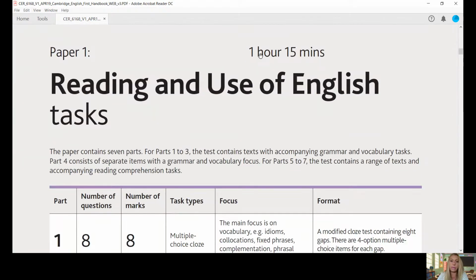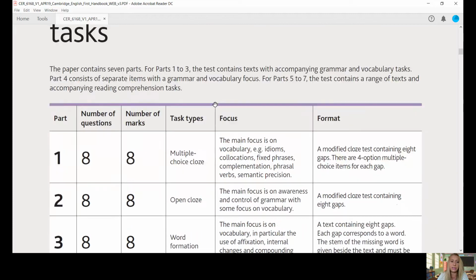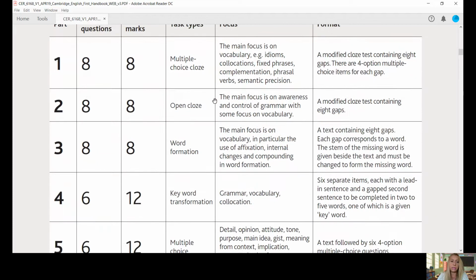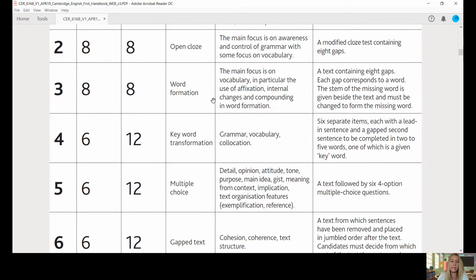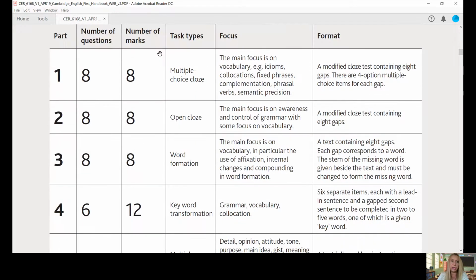Now, let's look at this. 1 hour, 15 minutes. Remember what I said, timing is very, very important. Reading and use of English tasks. Here is a detailed explanation of what each task is. For example, if we look at part 1, there are 8 questions, there are 8 marks, so 1 mark per question, multiple choice cloze.